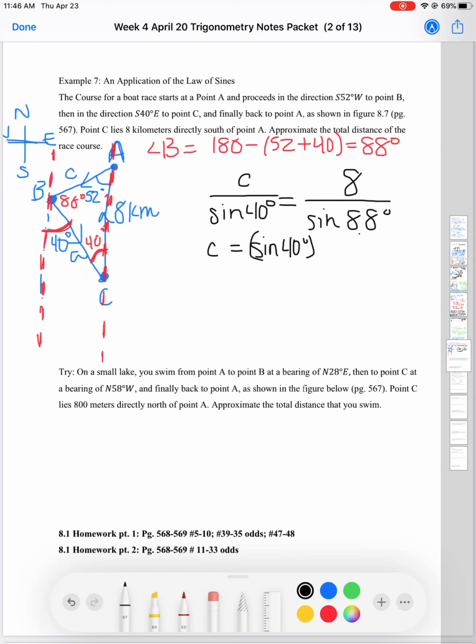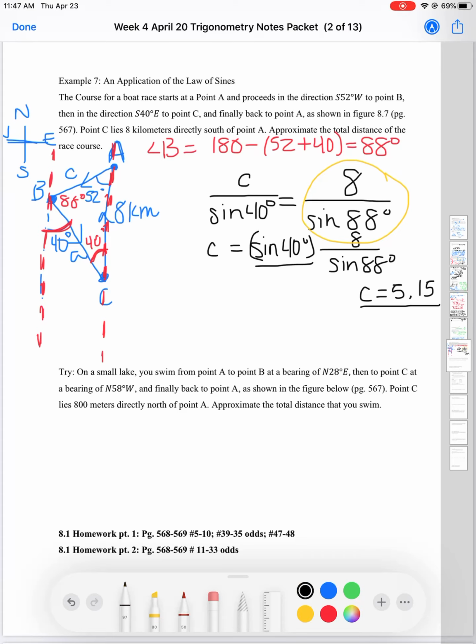So C is equal to sine 40 degrees times 8 over sine 88 degrees. So this would give you about, if we rounded 2 decimal places, and you do this on your calculator, 5.15. Again, if you're struggling at doing this on your calculator, I do the fraction first, hit enter, and then multiply by this.